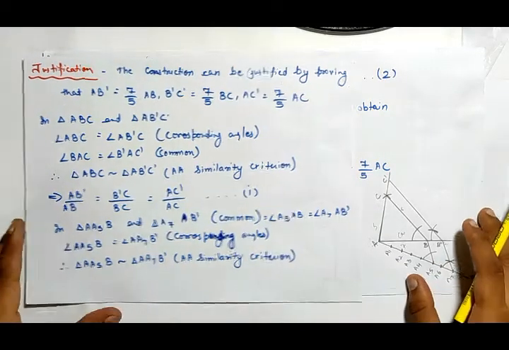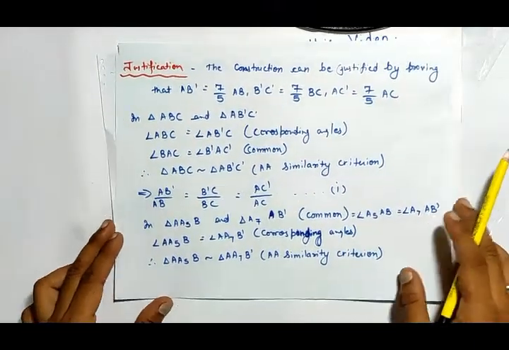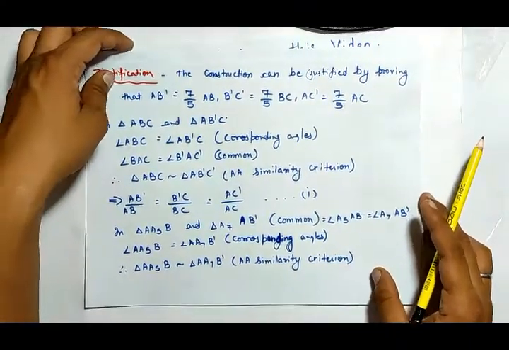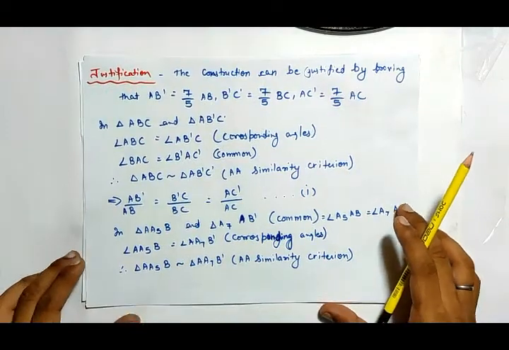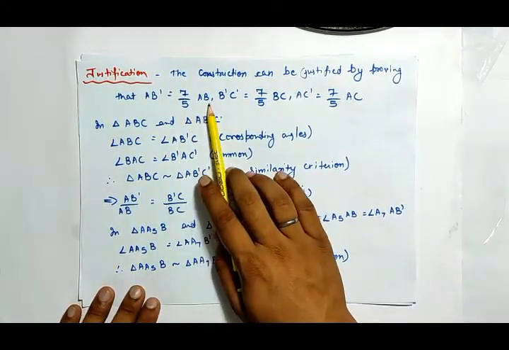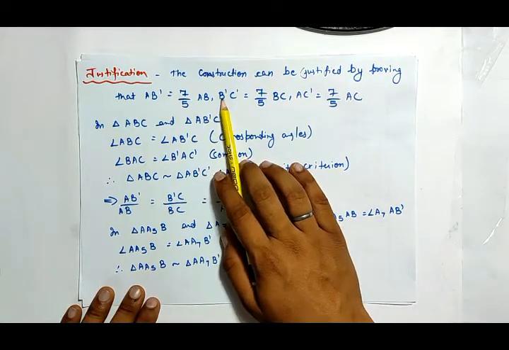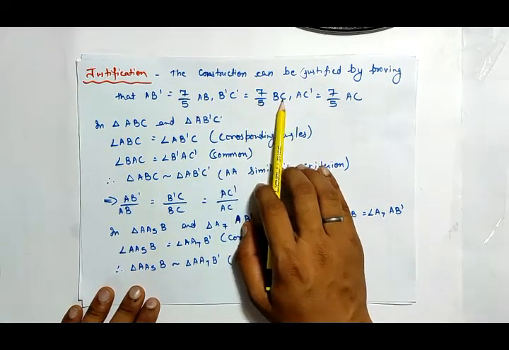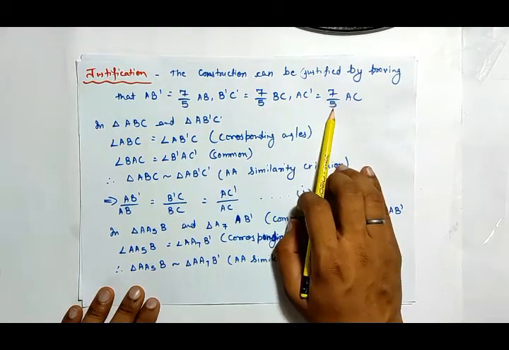After that, we are moving to the justification. The construction can be justified by proving that AB dash is equal to 7 upon 5 AB, B dash C dash is equal to 7 upon 5 BC, AC dash is equal to 7 upon 5 AC.